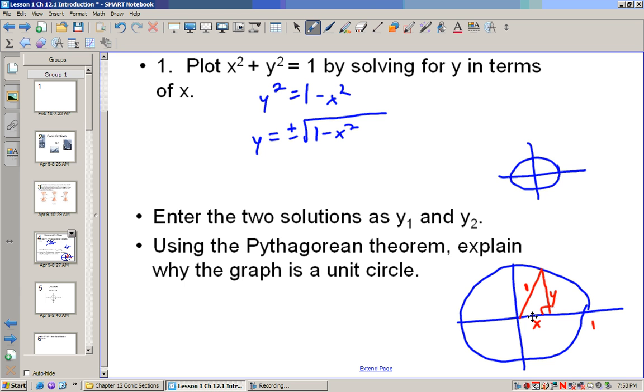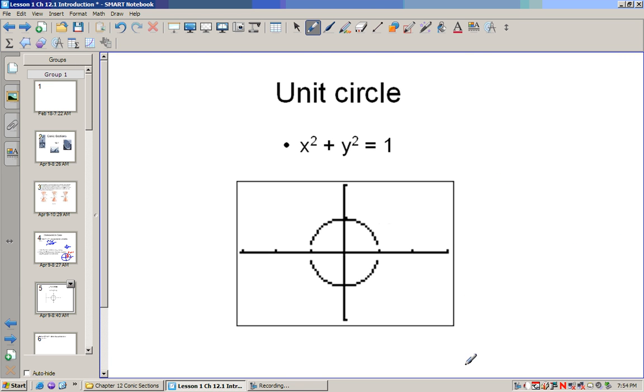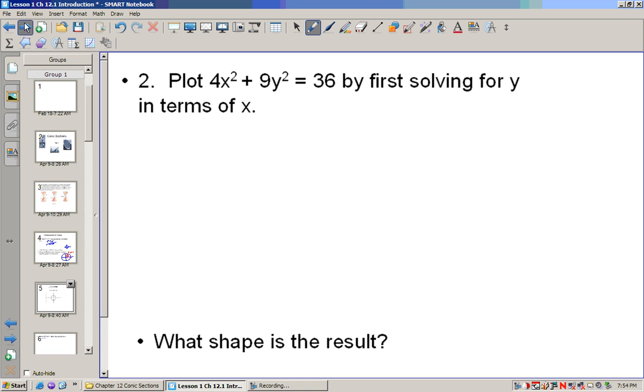So where are all the points where 1 will be the distance from the center? Well, since this is a right triangle, we know x squared plus y squared is equal to 1. So all of the points that work for this will be exactly the distance 1 from the center, from the origin, I should say. We call this the unit circle, x squared plus y squared equals 1.